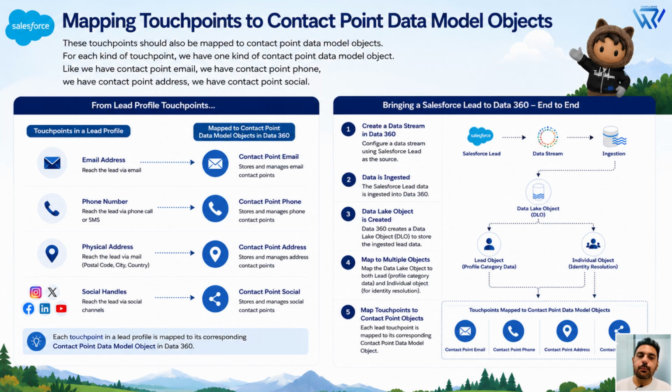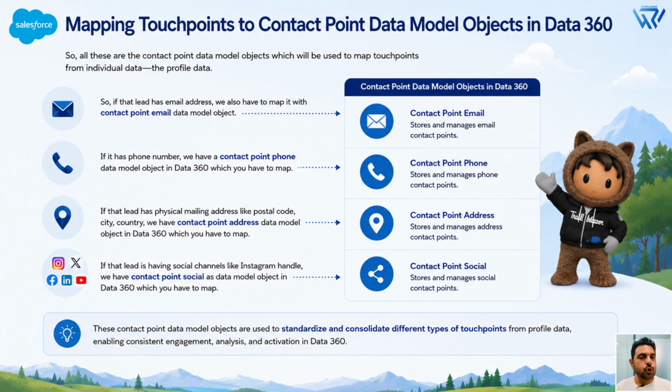Like we have contact point email, we have contact point phone, we have contact point address, we have contact point social. So all these are the contact point data model objects which will be used to map touch points from individual data, the profile data. So if that lead has an email address, we also have to map it with the contact point email data model object.